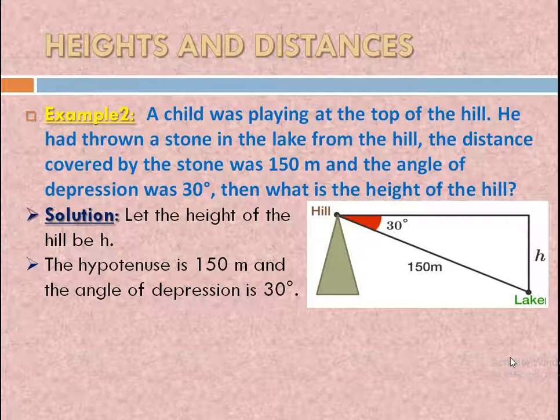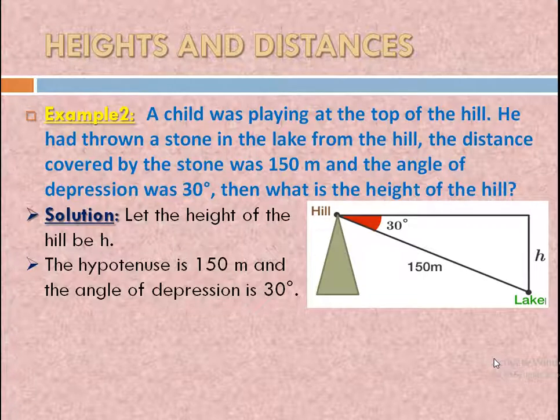So we need to take the trigonometric ratio which includes perpendicular and hypotenuse. Here the hypotenuse is 150 meters given, and students, we know sin theta is equal to perpendicular by hypotenuse.